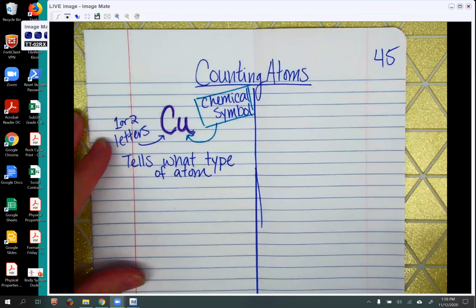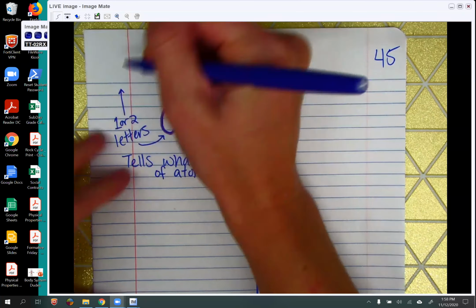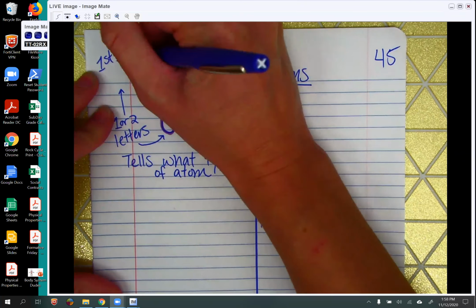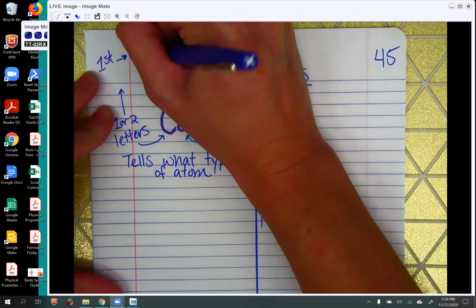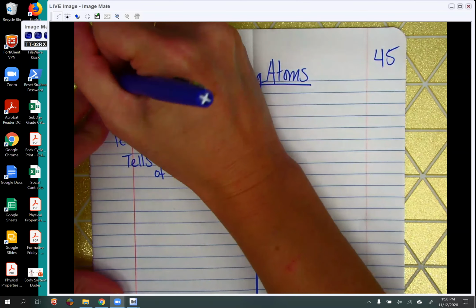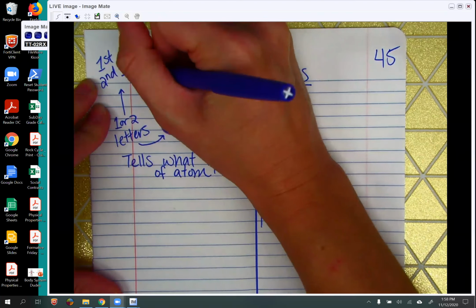If you have 2 letters, the first one must be capital. It must be a capital letter, no exception. The second one must be lowercase.